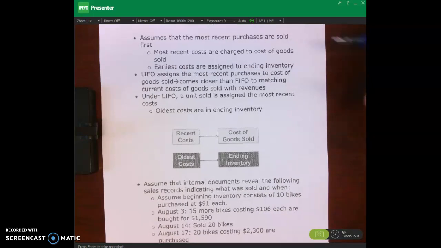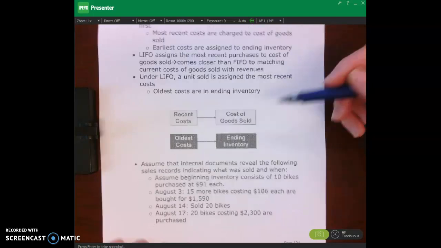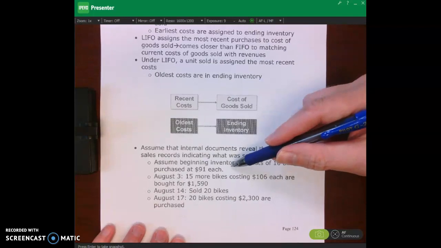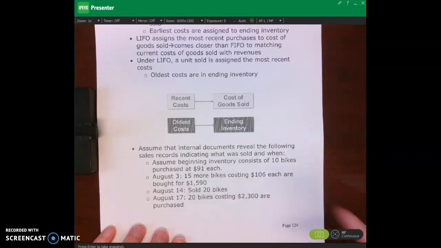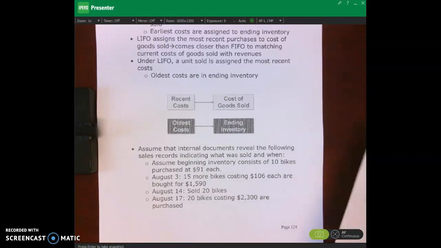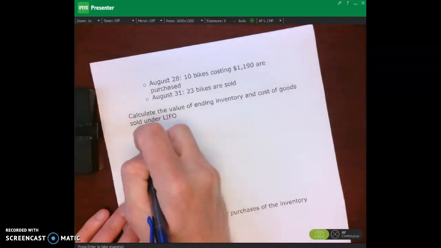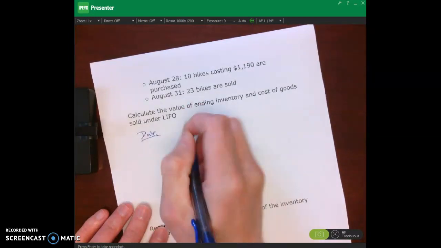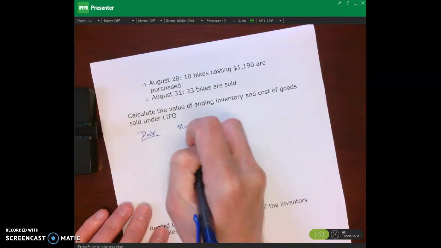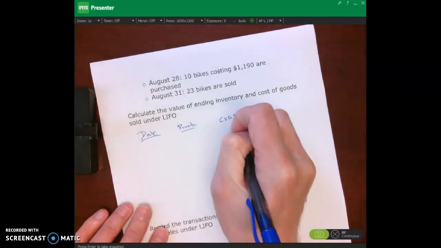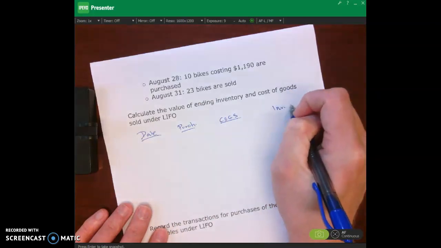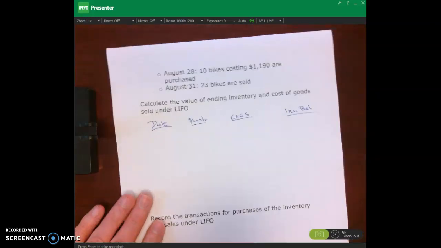So let's look at our example. Same example as before, same bike shop. Let's go ahead and set up our table. We'll go date, and then purchased, and then cost of goods sold, and then we'll say our inventory balance right there, just like that.